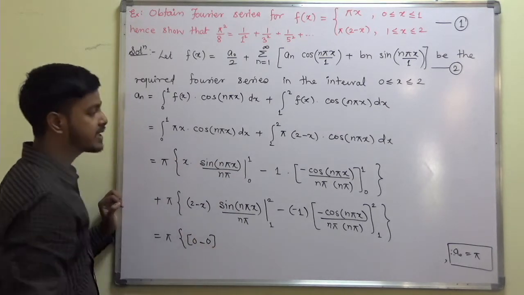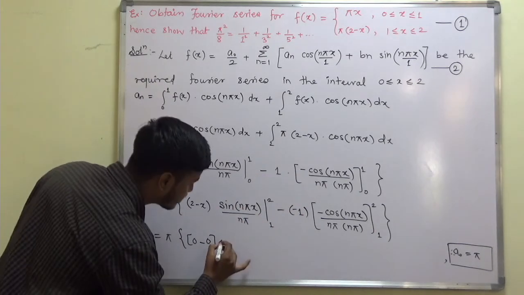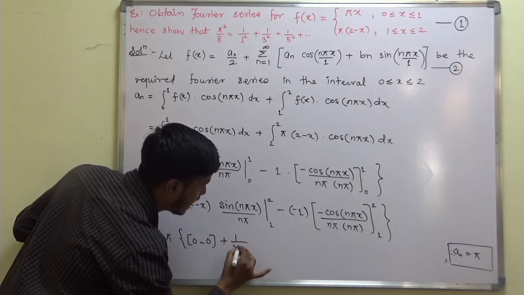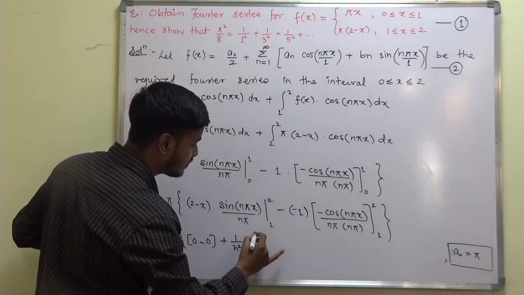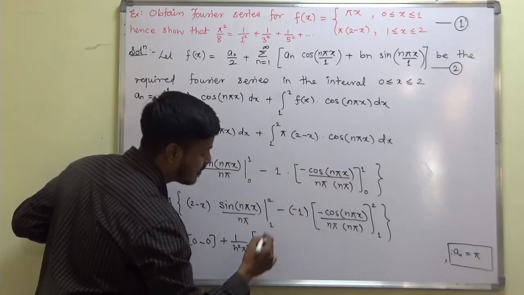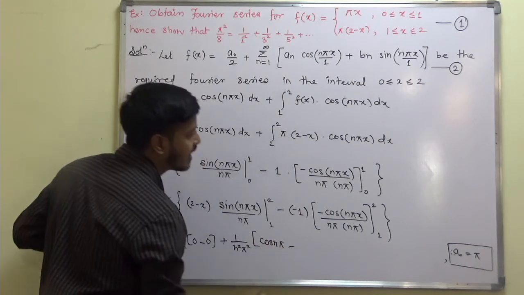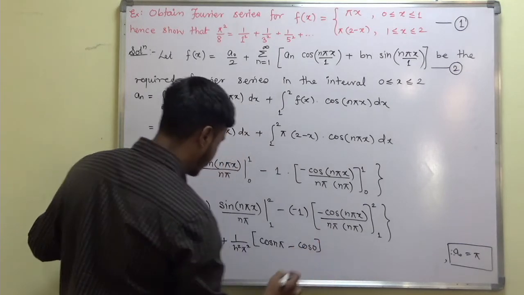So upper limit minus lower limit is 0. Now look here. This is minus minus plus 1 upon n square pi square. What about this? Put x is equal to 1. So this is cos n pi minus cos 0.